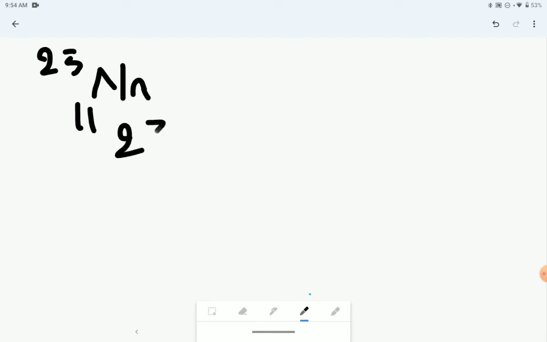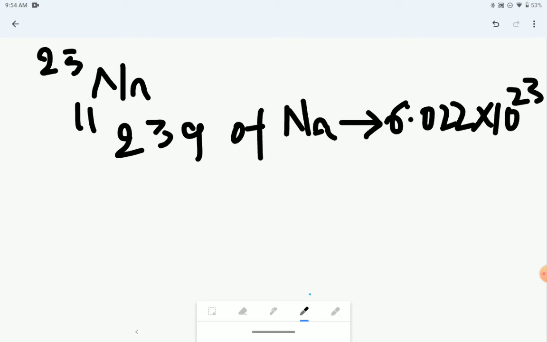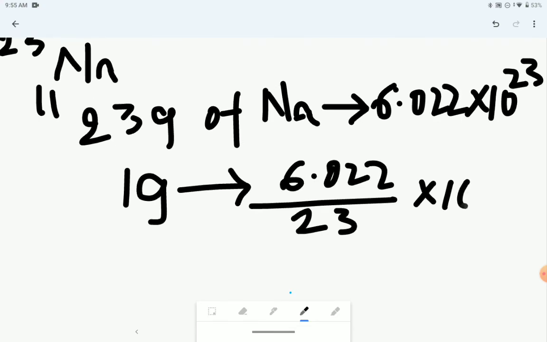So in 23 grams of sodium, 6.022 into 10 to the power of 23 atoms are present. That means 1 gram of Na contains 6.022 by 23 into 10 to the power of 23 atoms.